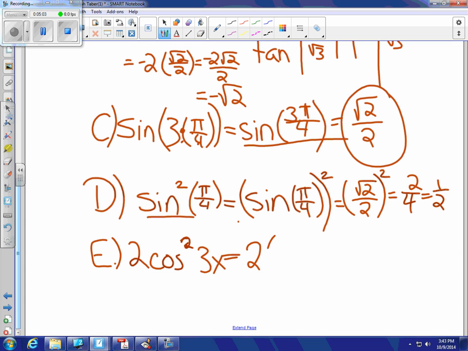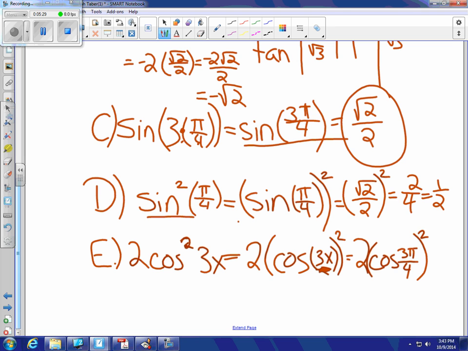What are you going to do first? Realize that cosine squared 3x is the same thing as writing cosine 3x, squared. So that equals 2 cosine 3 pi over 4, right? Because our x is pi over 4. Then we got to multiply it, right? That's the first thing we got to do. Inside, then out.